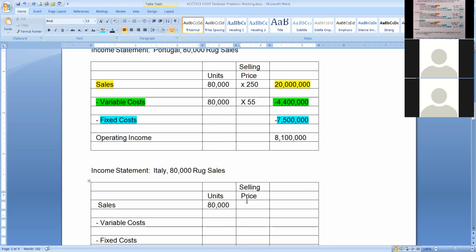So we have 8,000 units, selling price is exactly the same. Total sales will be exactly the same.